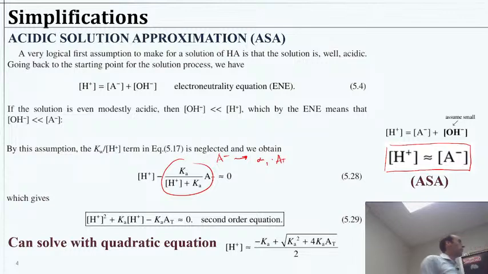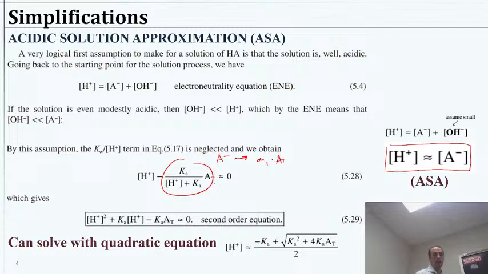Now, there's another thing we can simplify here, because we know for an acidic condition, given that we're assuming that we're at least a little bit acidic, then the Ka is also, I'm sorry, that's the next one. That's not this one. So pardon me there. Anyway, this would become the solution then.